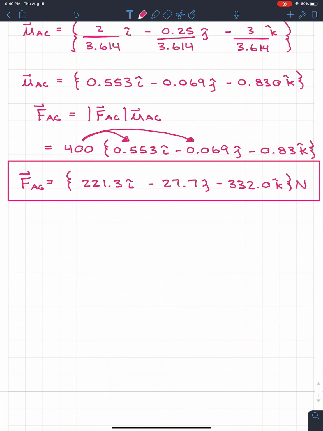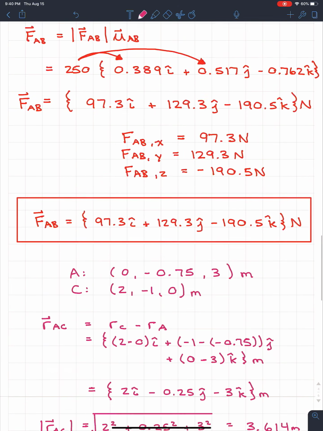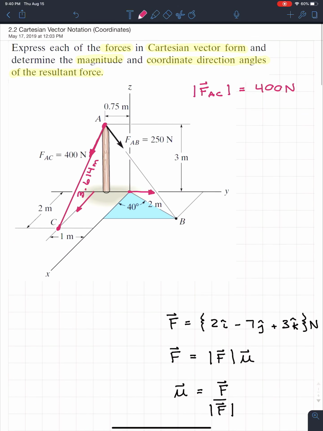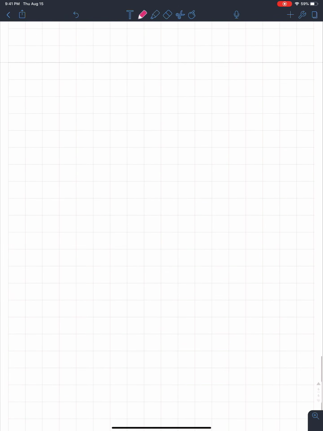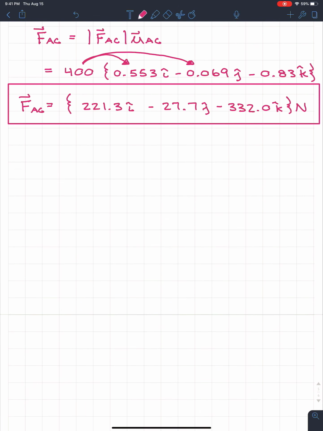Alrighty, so now we have our two vectors using position vectors and unit vectors. But we're not done yet because we also have to determine the magnitude of the resultant force and its coordinate direction angles. So if you remember from last video, this is going to be the easiest part for you guys because it's just substituting into a formula. And you guys are all really smart, and I trust that every single one of you knows how to substitute numbers into a formula.